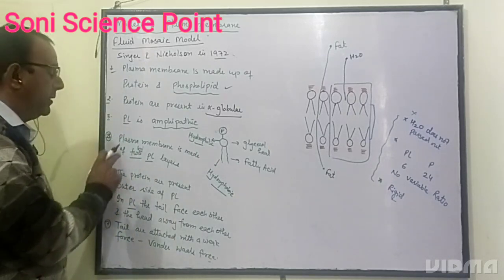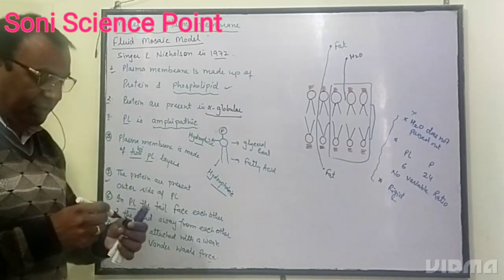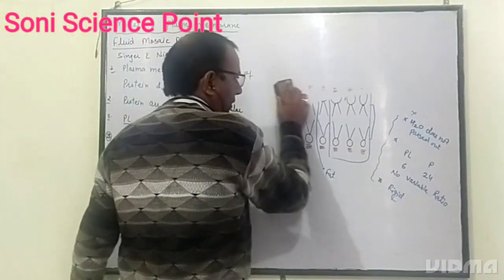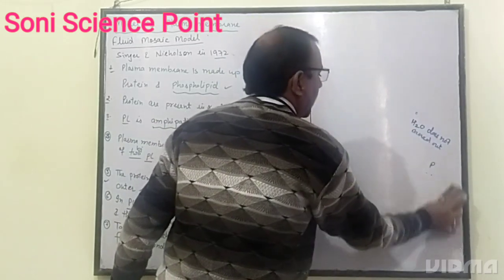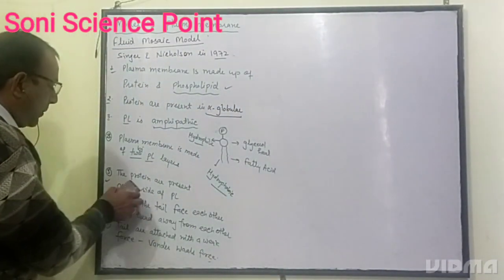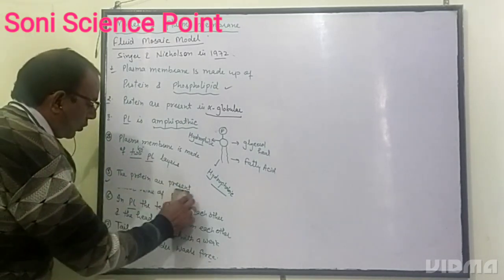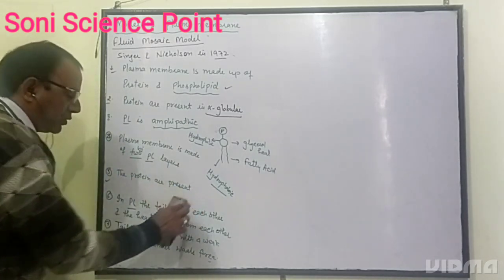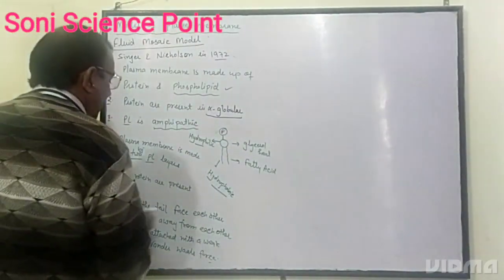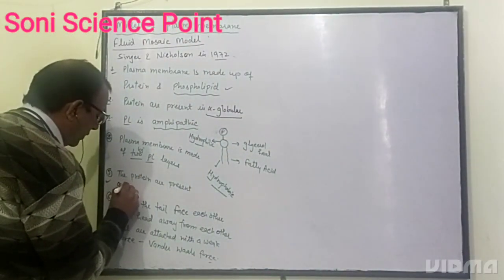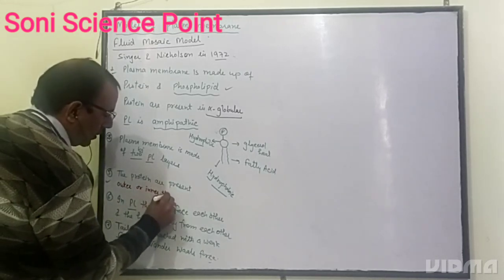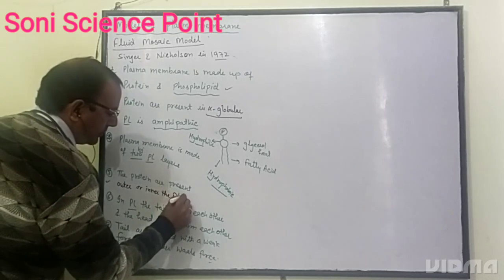They showed that the protein present in the plasma membrane is of two types. Danielli and Davson showed protein present outside the membrane, but it was not clear whether protein is present outer or inner of the plasma membrane.